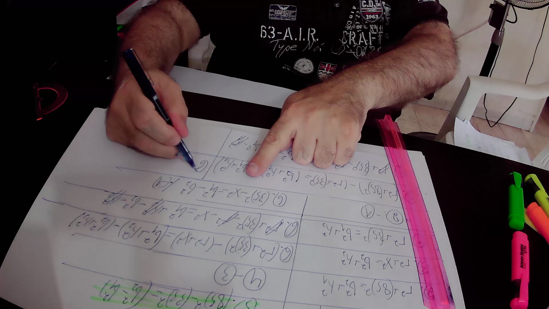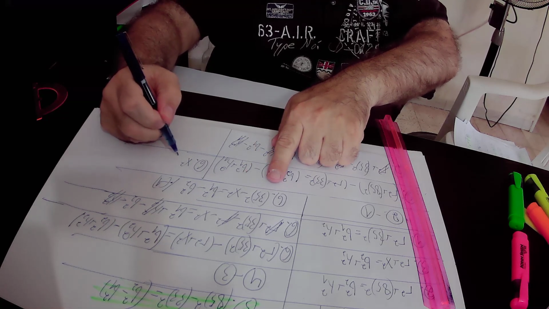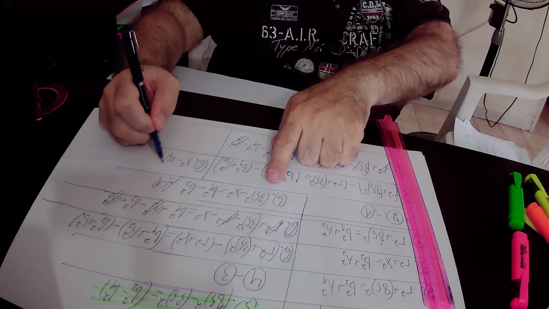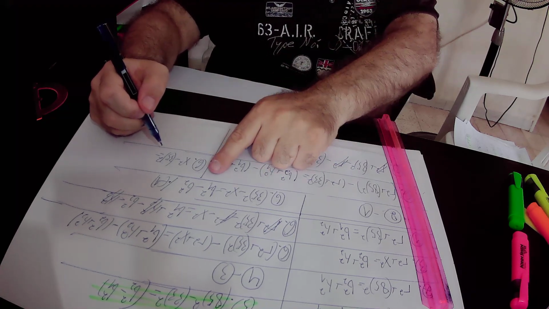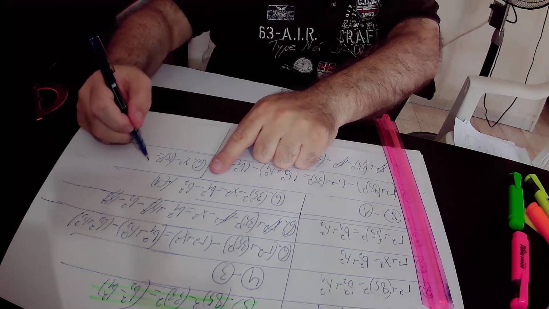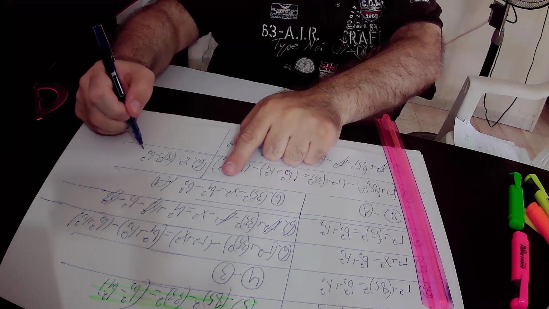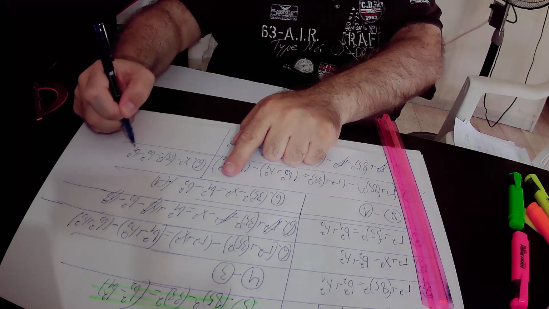Minus x squared times minus 1 is plus x squared. 35 squared times minus 1 is minus 35 squared. And it is equal to minus b2 squared times minus 1, which is plus b2 squared. And finally, b1 squared times minus 1 is minus b1 squared.